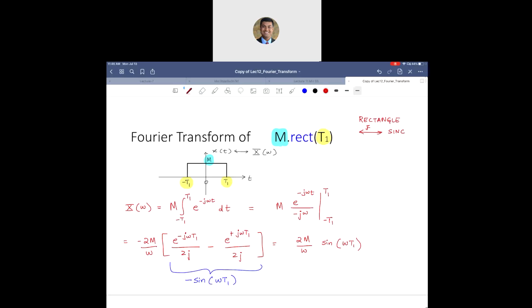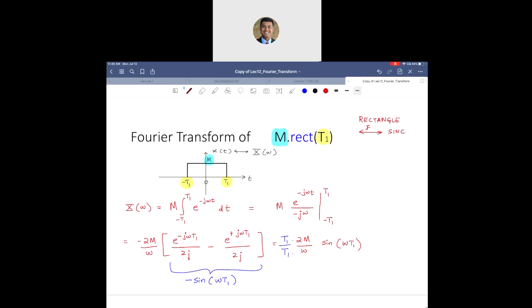And if I want to express it in the form of a sinc function, I need a sine x over x, right? So if I have sine of omega t1, I want an omega t1 in the denominator as well. So what I'll do is multiply and divide by t1.